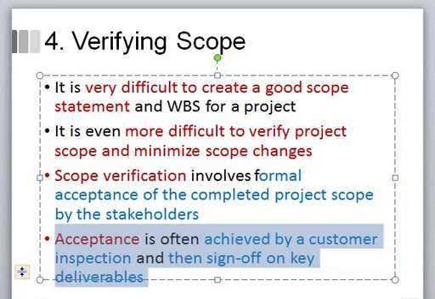How you achieve the acceptance is through the customer inspection or verification process, and then finally they will sign off the key deliverables, which are considered the work involved in that particular project. So verifying scope is not a simple task. So who does the verification? The stakeholders of the project will perform the scope verification.